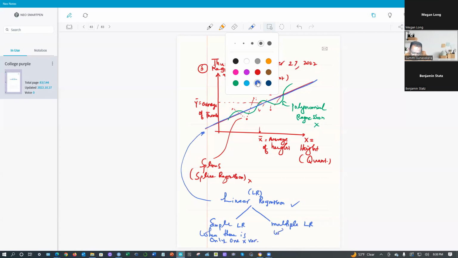When there is more than one X variable, we call it multiple linear regression. So in our class, we're going to do this one.